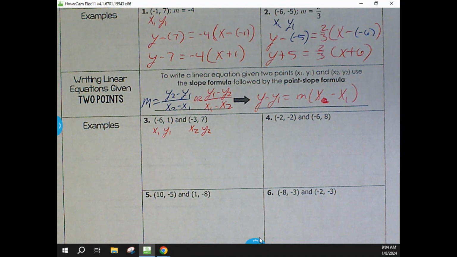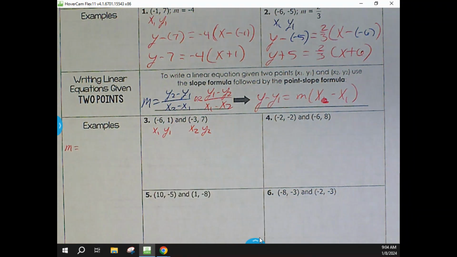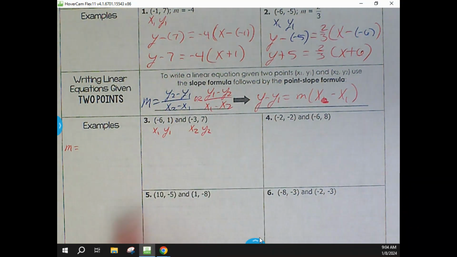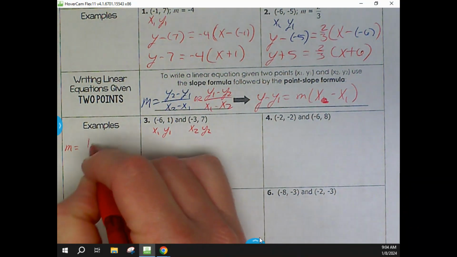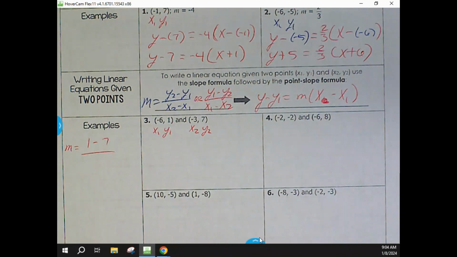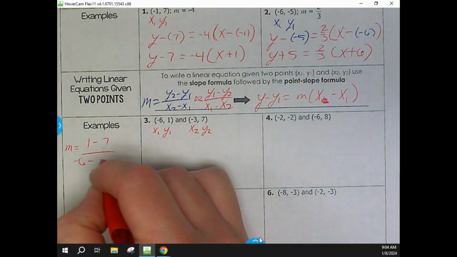Okay, so very first thing, we'll do this over on the side over here, is we're going to figure out what the slope is. And again, I'm going to use this one where we do y1 minus y2 and x1 minus x2. That's going to be 1 minus 7 over -6 minus -3.